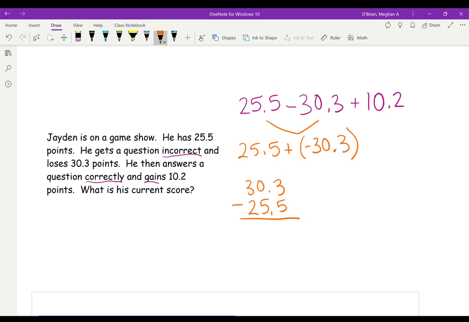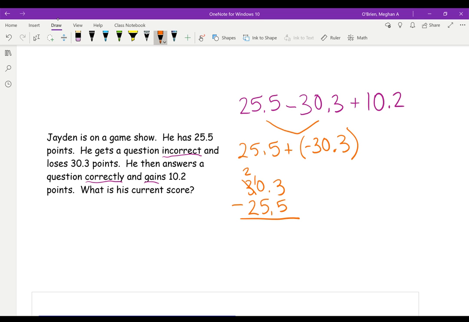Okay, looks like we're going to have to trade out some pieces. So I don't have enough tenths. So go over to the ones. Oh, don't have any ones there. So I'm going to trade out a 10 and put it there in the ones. So now I have enough there, but then I need to regroup some things.